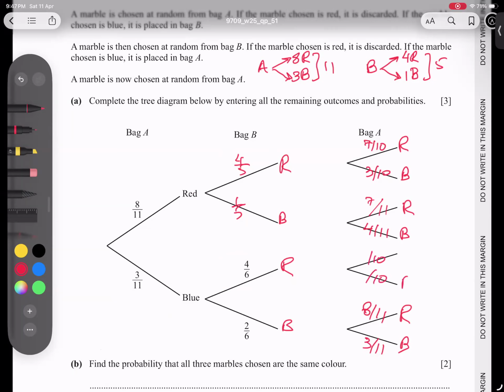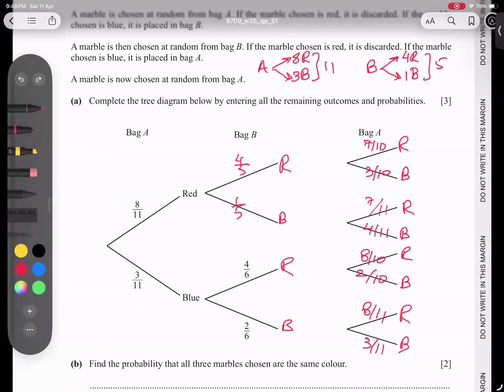This is a blue and red, but the important part is the numerator values. Because one blue was taken, it is reducing, so it becomes 2. So here I have 2 by 10, 2 by 10. When red is gone, no effect comes on bag A, it remains 2 by 10, and that is why the upper is 8 by 10.